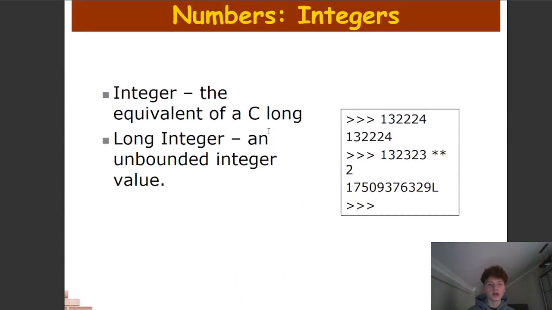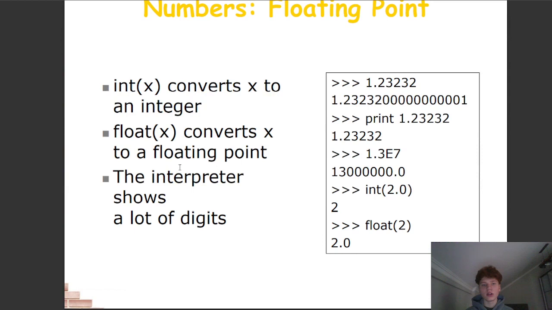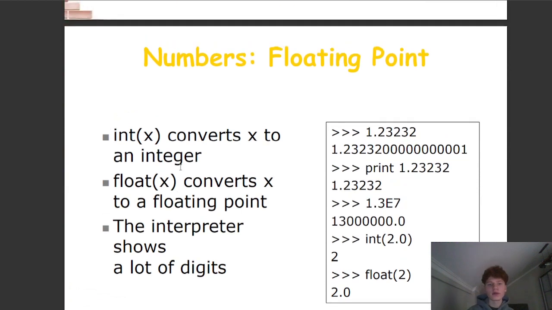Numbers, integers. Integer is the equivalent of a C long. Long integers have unlimited integer value. Numbers, floating point. int(x) converts x to an integer. float(x) converts x to a floating point.